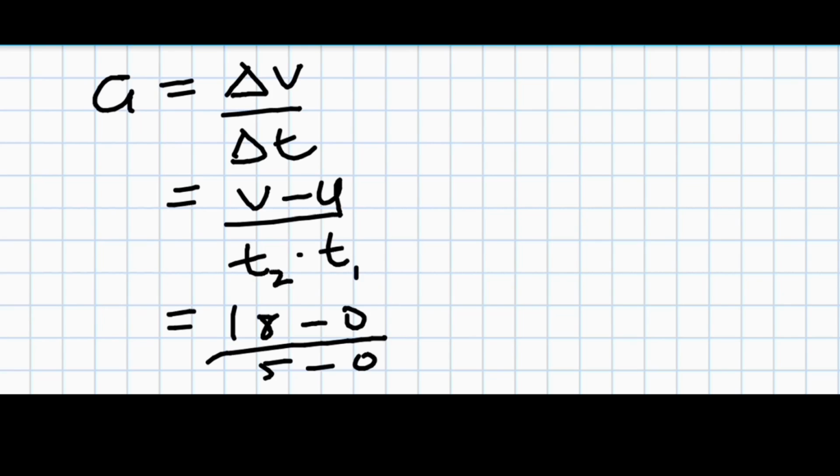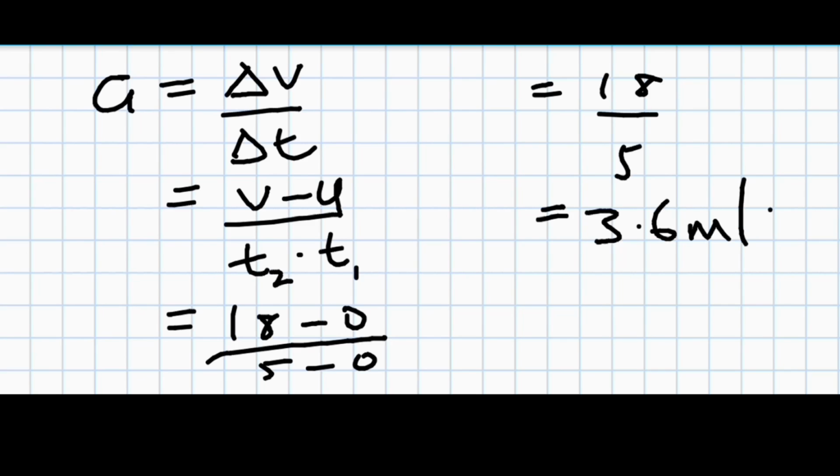And this is going to give us 18 divided by 5. And this gives 3.6 meters per second squared. And that is the acceleration of the car.